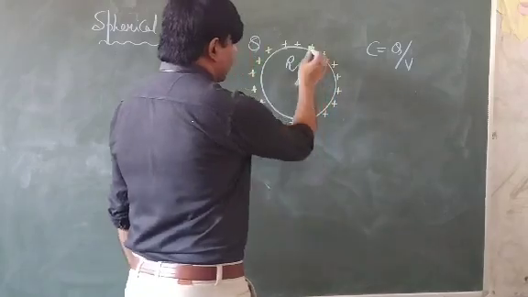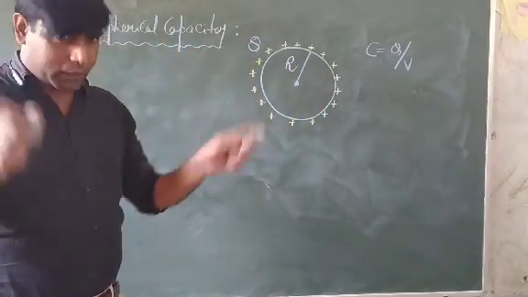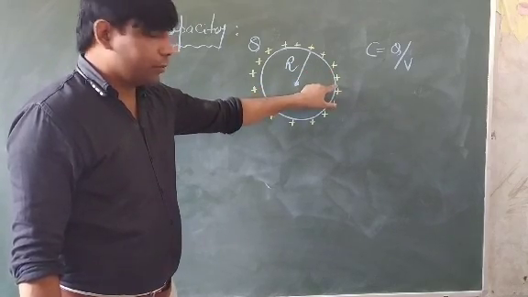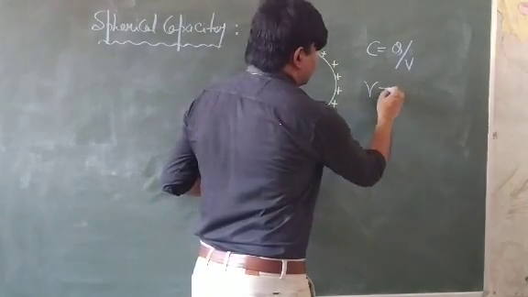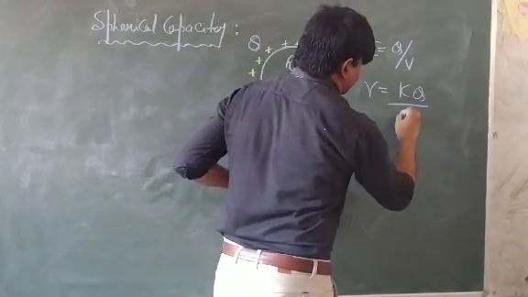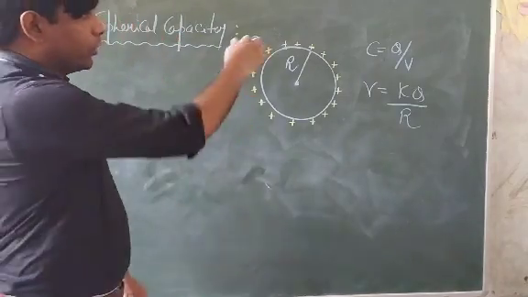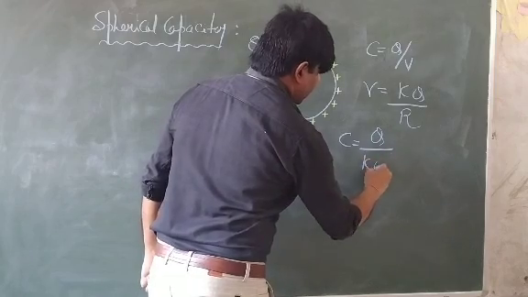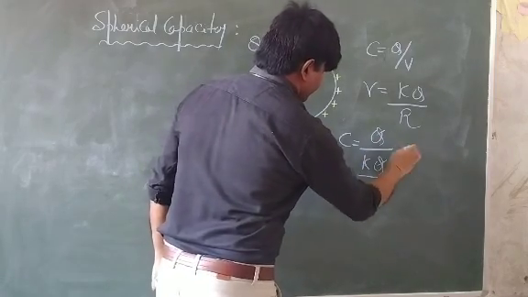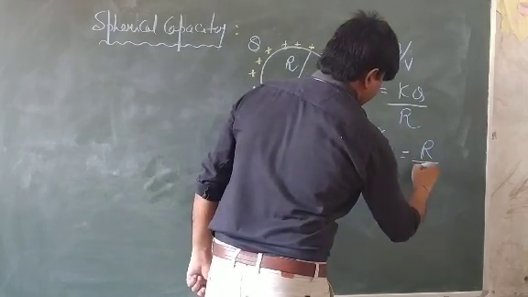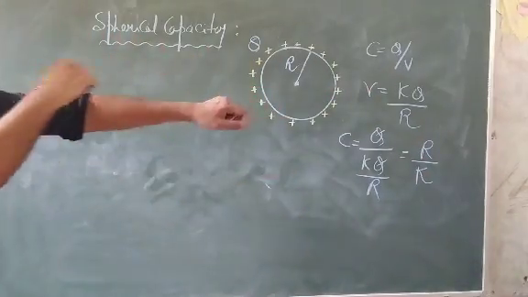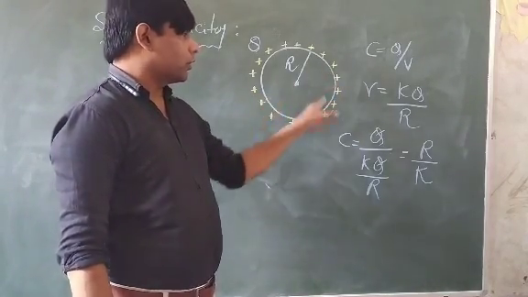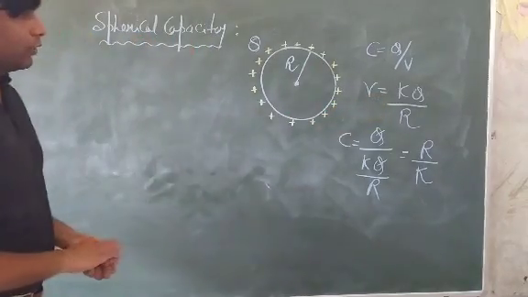We also know the potential of a sphere on the surface. If we are told to find V at the surface, for a sphere V is equal to KQ by R. Just substitute the value. Potential on the surface of the sphere is equal to KQ by R, where R is the radius.